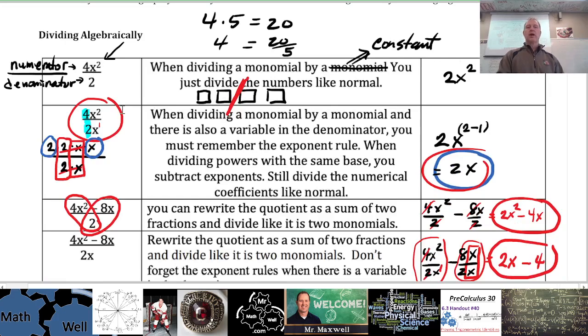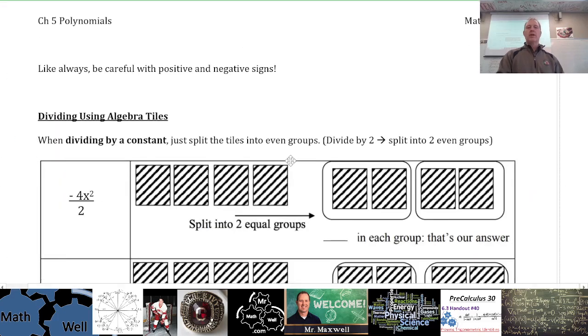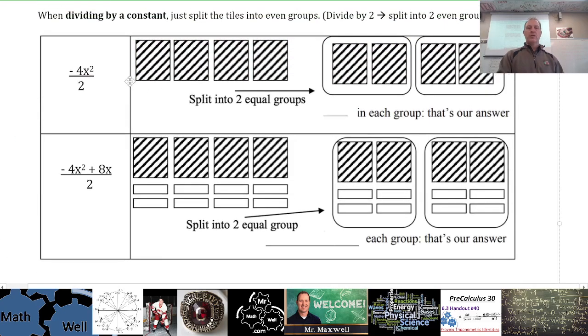It was positive 4x squared, so very close. But we're going to take negative 4x squared, so that's these dark large squares, and we're going to split them into 2 groups. You can't just cut them roughly in half and say, here's half and here's half, but they aren't the same. They have to be the same. So it has to be really in half into 2 equal groups. They always have to be equal groups. And then whatever is in the one group, that's the answer to the division.